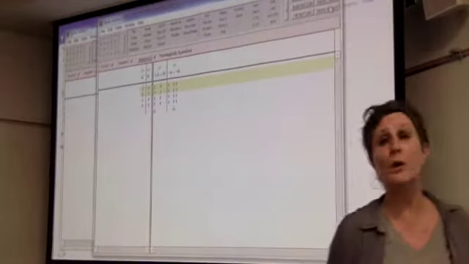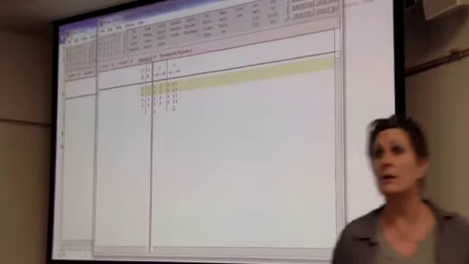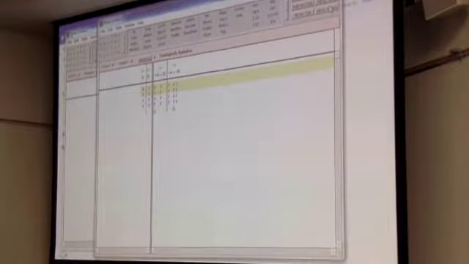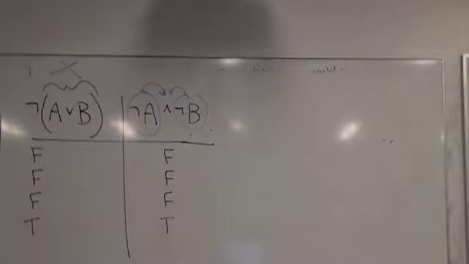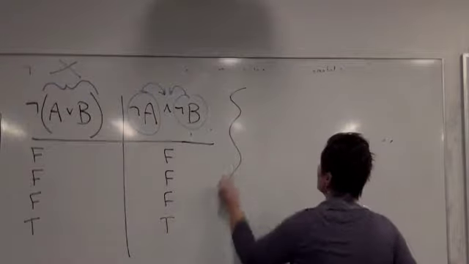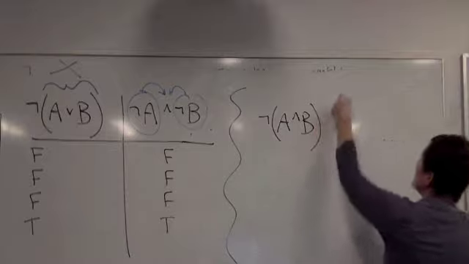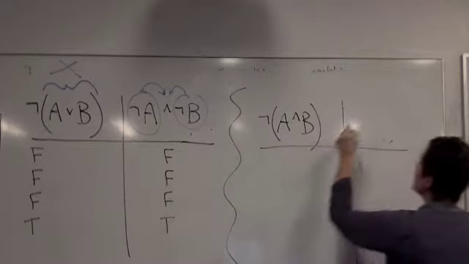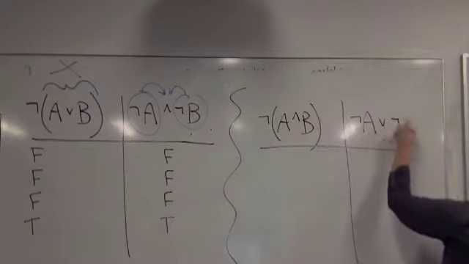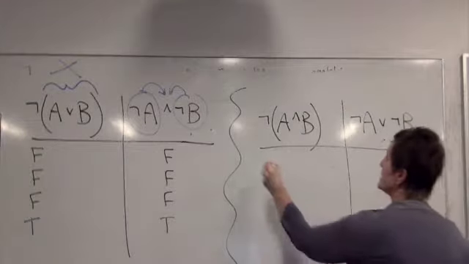So do you want to put just the values under the main connective on the board here, so that you can see how these two sentences are equivalent? All right, so I'm just going to separate these out. So not both A and B. We separate from either not A or not B. And I'm just going to duplicate the values under each of the main connectives.